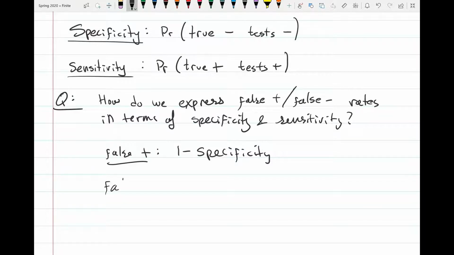And then the false negative is a true positive who tests negative. So that's the opposite of sensitivity, which is a true positive that tests positive. So this is going to be 1 minus sensitivity.